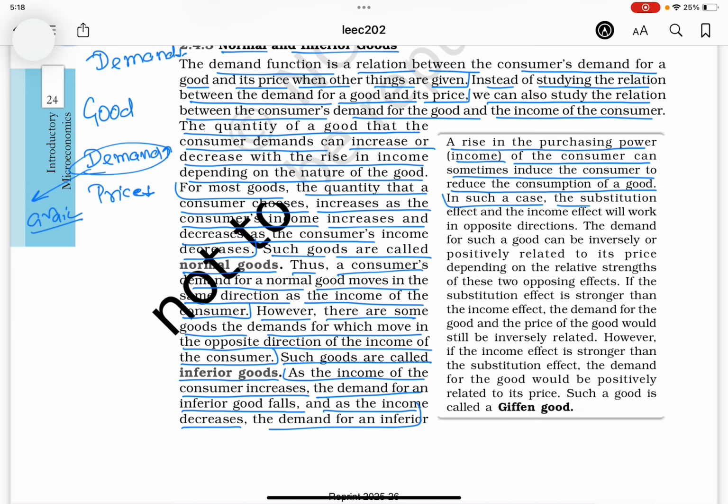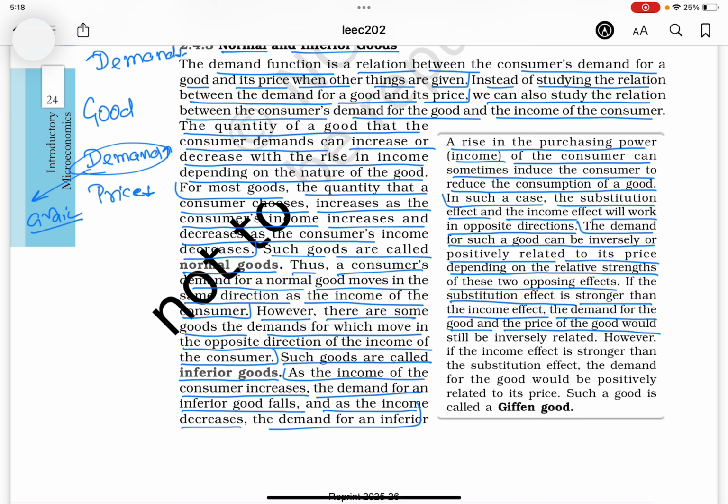In such a case, the substitution effect and the income effect will work in opposite directions. The demand for such a good can be inversely or positively related to its price depending on the relative strength of these two opposing effects.